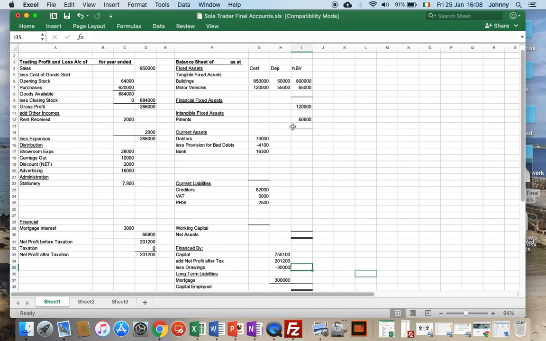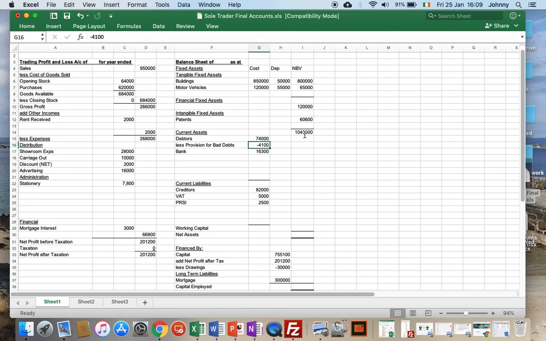So fixed assets. I'm going to add all my fixed assets together. So it's 800,000 all the way down to the 6,600. I've got my current assets. I'll add all them together. And then current liabilities.